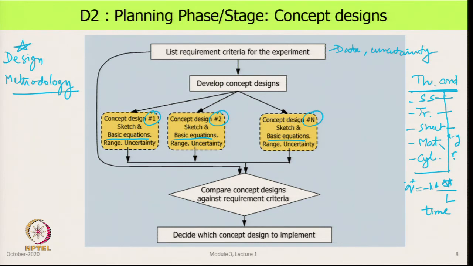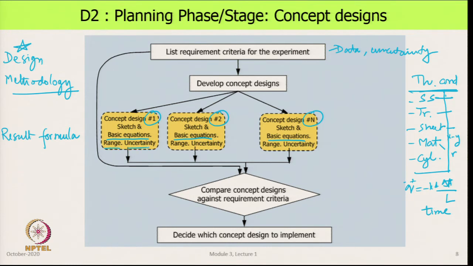So, like this, things could be different and those basic equations will change. We write those basic equations. So, that tells us, to calculate the result from the basic measurements, what is our result formula? That is a very important piece of information for everything else we do later on.